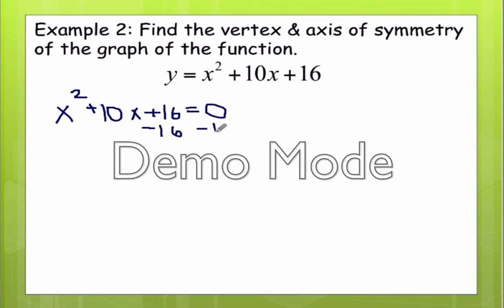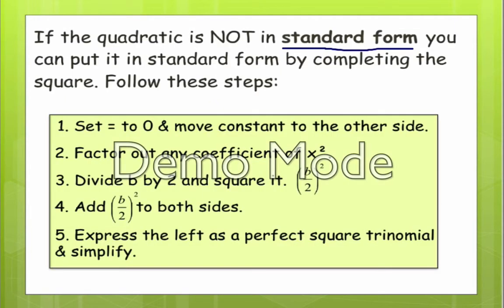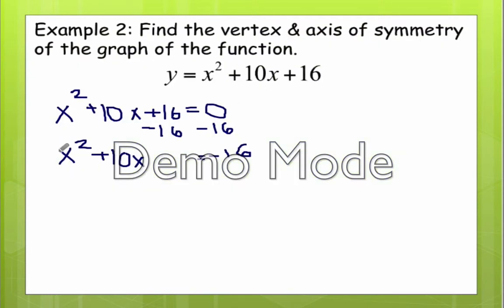So to move 16 to the other side, we subtract 16 from both sides. Now, I want to leave a space here. You'll see why shortly. Step 2, factor out any coefficients of x squared. X squared's coefficient is 1, so that step I can skip over.